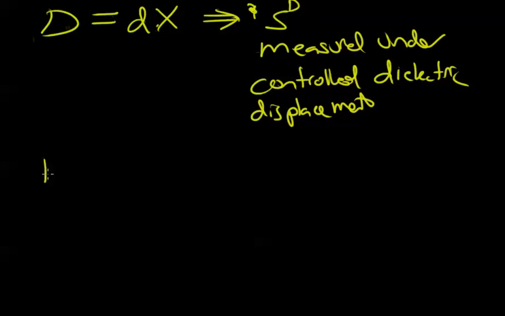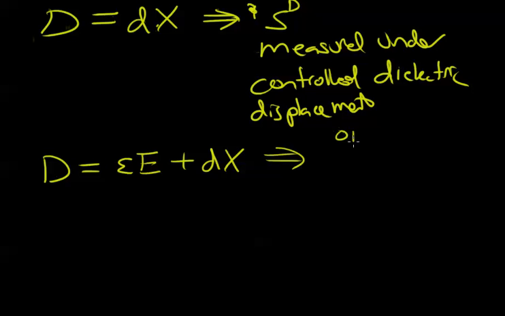So originally we had this equation, right? D equals epsilon E plus dX. And I told you for open circuit, basically we have this material, we're pulling on it, and then we're getting charges on the top, charges on the bottom.